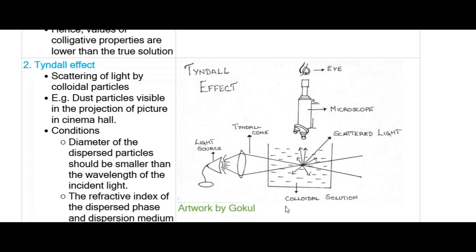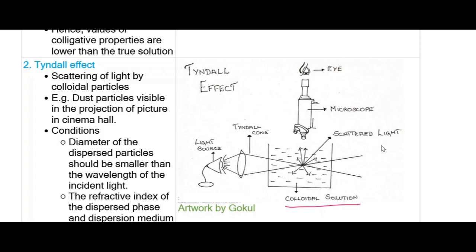Light is passed through this, and we converge it by using a convex lens. When it is passed through the colloidal solution, you can find the scattering of light. That's called scattering of light.